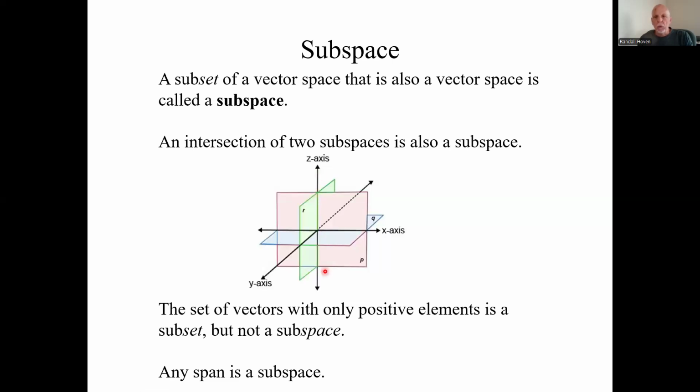A subset would be just a plane to the right where x is positive. Is that a subspace? Well, if I take any vector in that plane and multiply it by a negative scalar, I'm going to end up over here, which we just said is not in that subset. So that's not a subspace. I want to say they've got to go on forever, things like lines and planes.